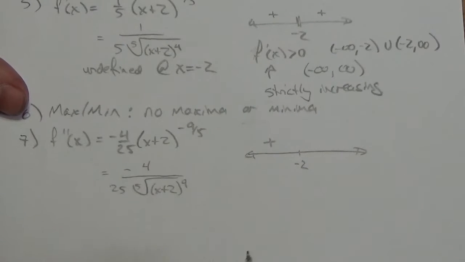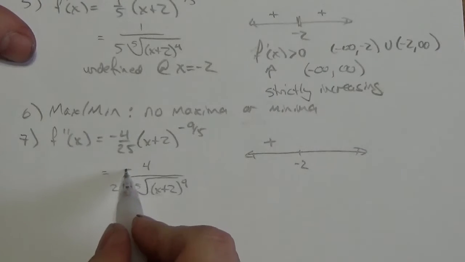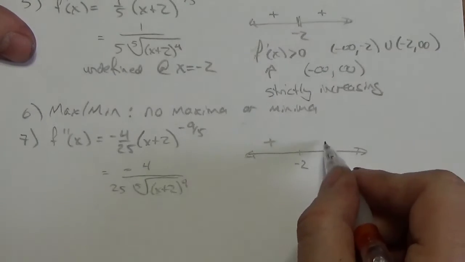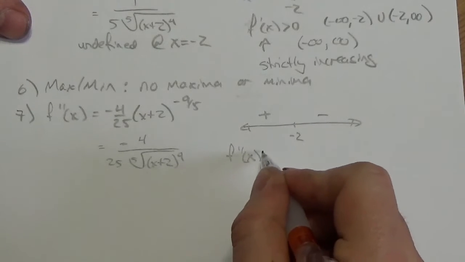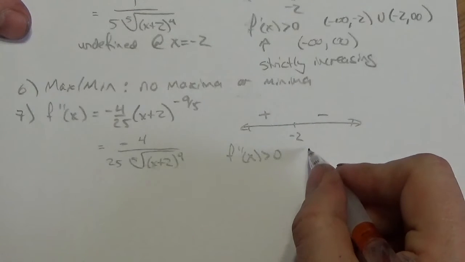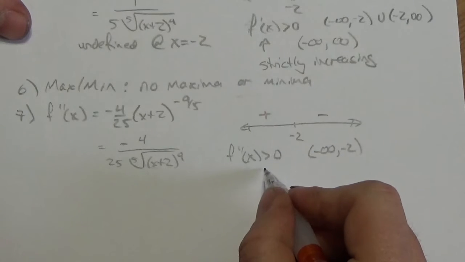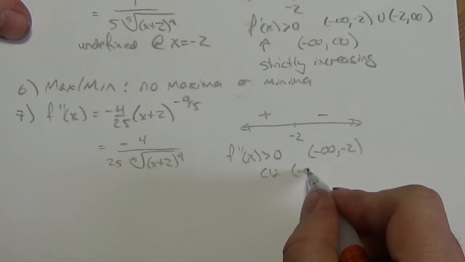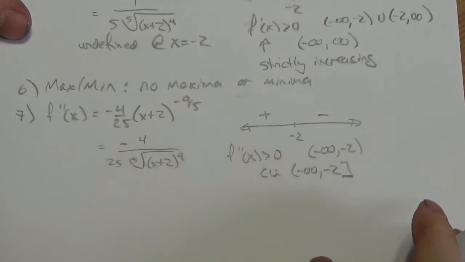To the right of negative 2, this will be positive to the ninth, which creates a positive. The fifth root of a positive is positive. Multiplied by positive 25 is positive. But when I take negative 4 and divide it by that, I'm going to get a negative. So my second derivative is positive on the interval negative infinity out to negative 2, which means the graph is going to be concave up on the interval negative infinity up to negative 2 and including.